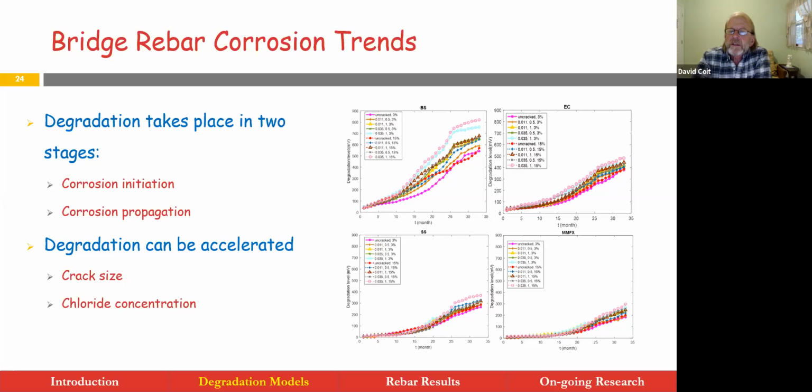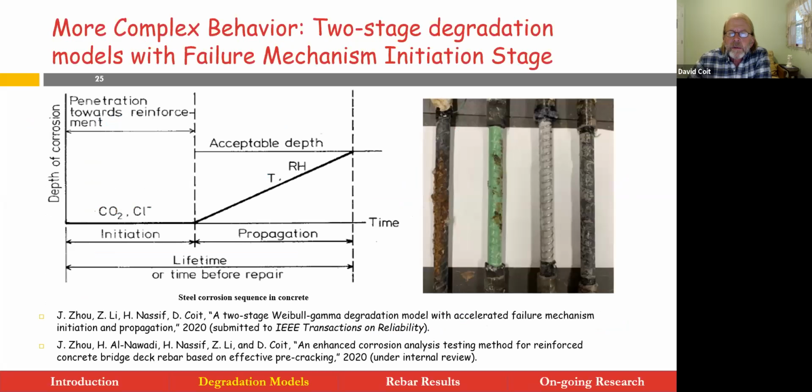You can see it in those graphs. So that led us to a more detailed study. And we say, well, that's not just understandable, but physically correct, that there is this process of corrosion initiation that needs to take place. And then finally, the propagation.